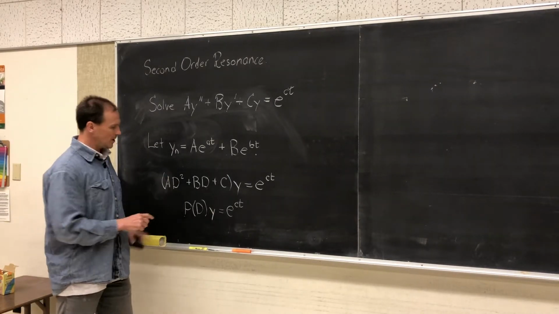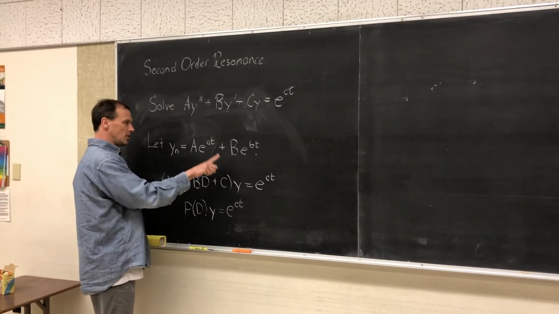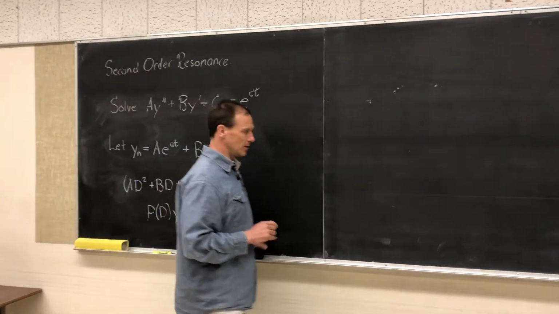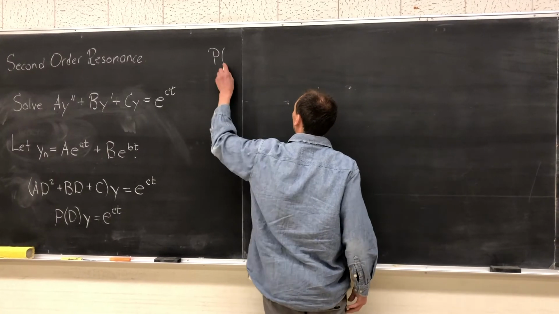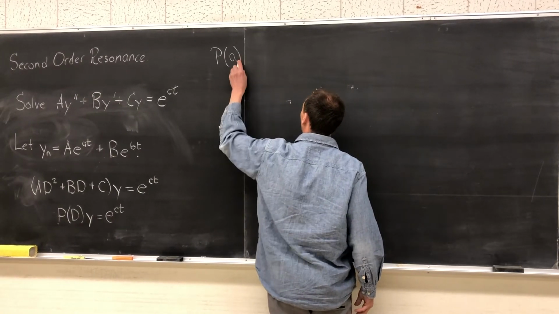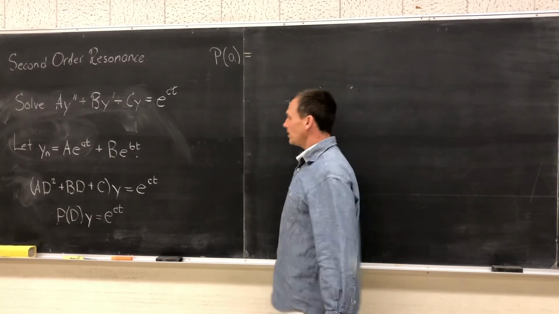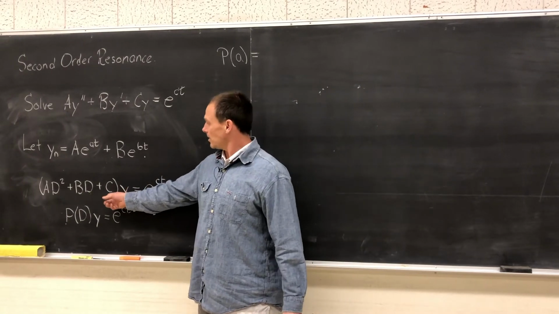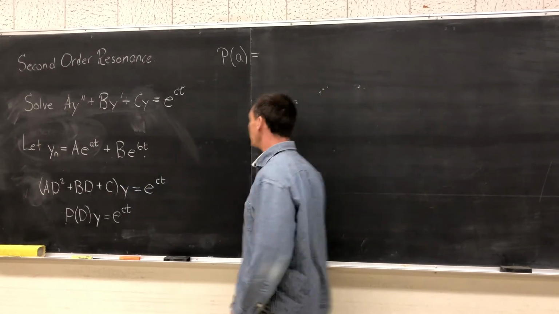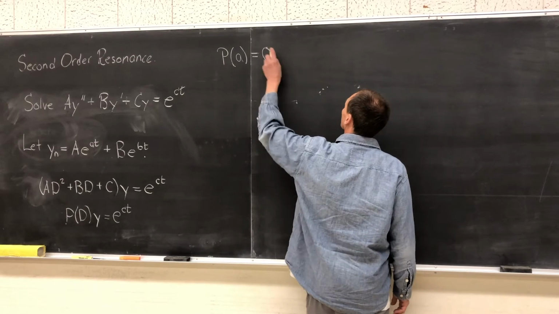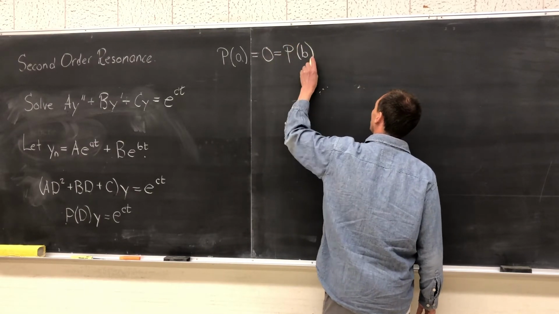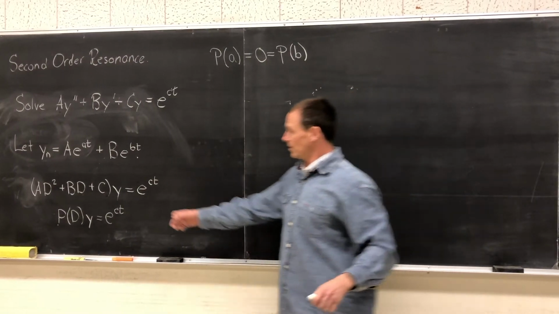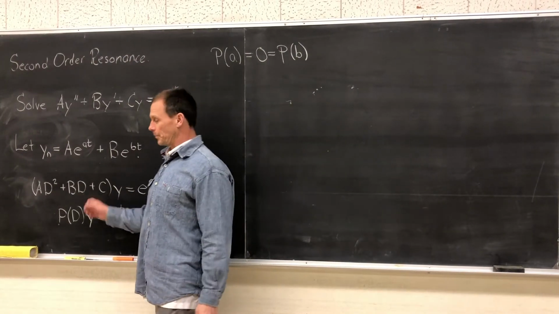Since this is a null solution, if I take my polynomial and plug in lowercase a, that's going to make this equation 0. It's one of the roots. Likewise, if I plug in lowercase b, that'll also give me a 0 for my polynomial.